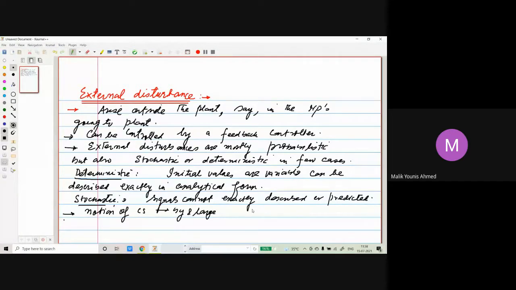So when we make a control system, its nature or design is made in such a way that by and large it is used for offering corrective action to probabilistic disturbances.